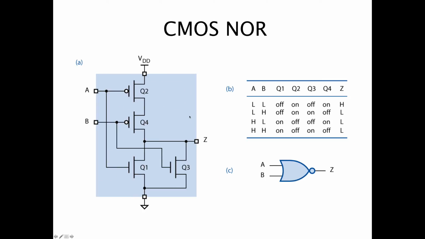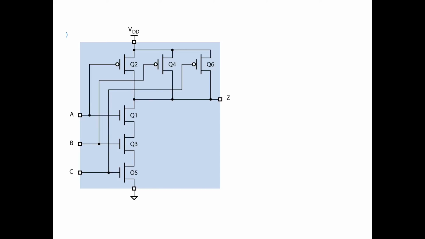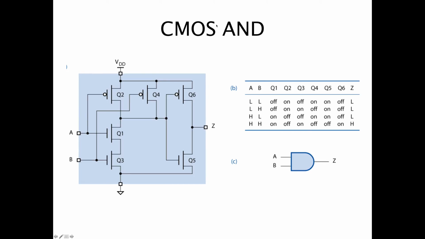Now let's go to the AND gate to talk about the analysis. Let's say you didn't know this is an AND gate. How would you tell? What I recognize is that this part is an inverter, and the front part here is a NAND.